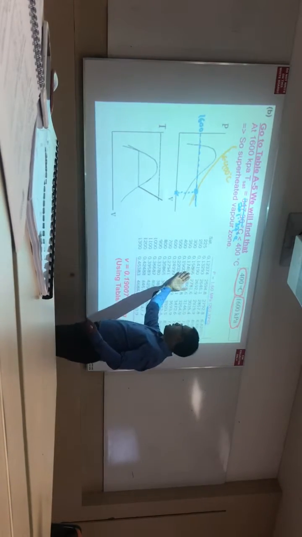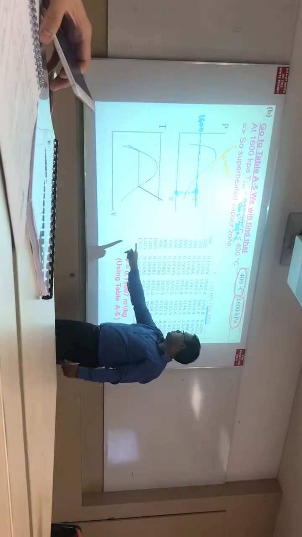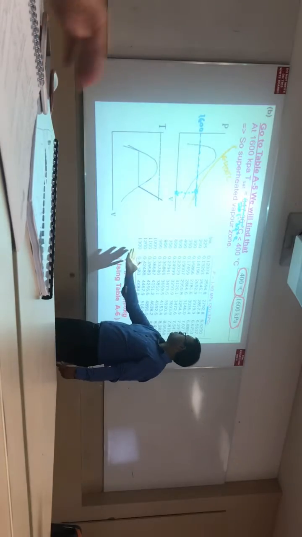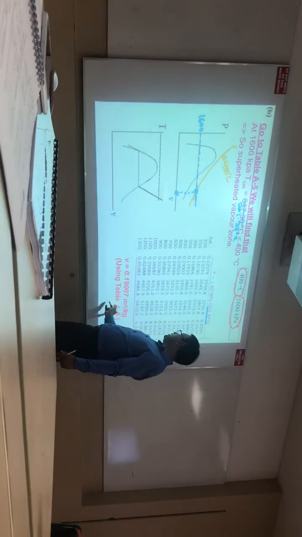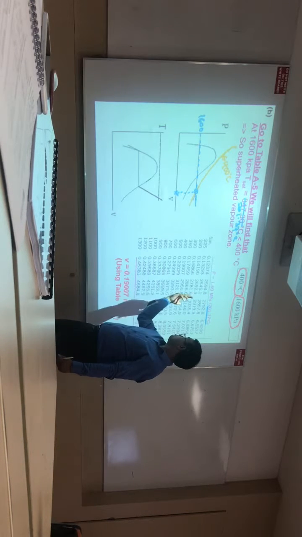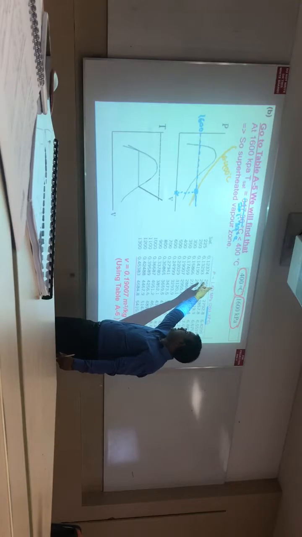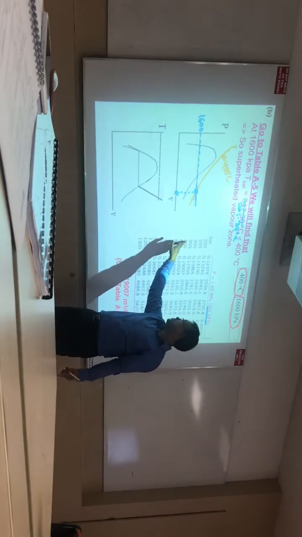Then I go to this table. This is the pressure and temperature at 1600. What is V? Using table A6, this is 1600, right? Temperature is 400. Yeah, 400 is here. This is 400.